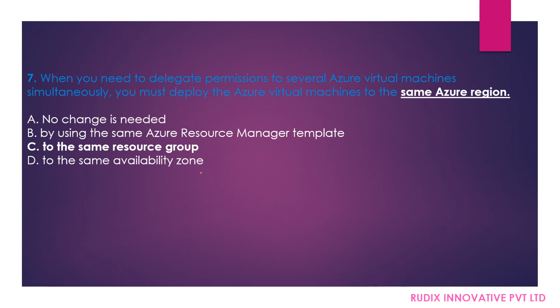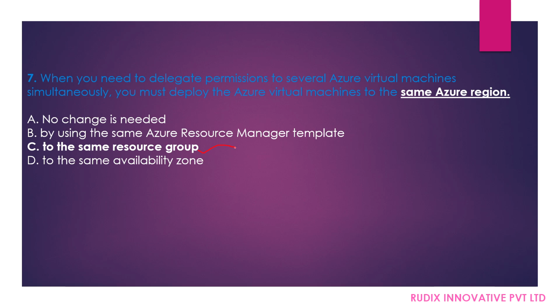For this question, the answer is to the same resource group. The explanation is, when you need to delegate permissions to several Azure virtual machines simultaneously, deploying them using the same Azure Resource Manager template simplifies the process of managing and delegating permissions.